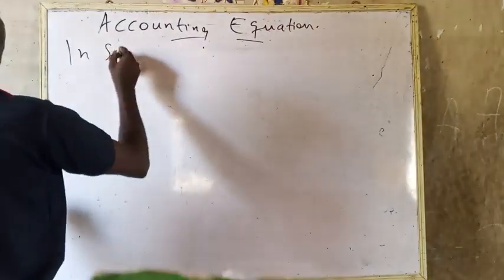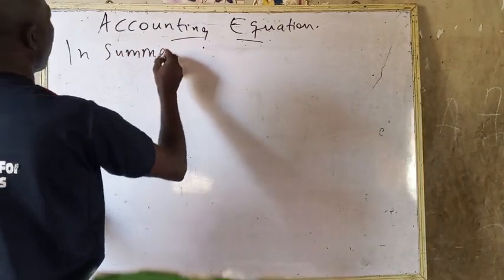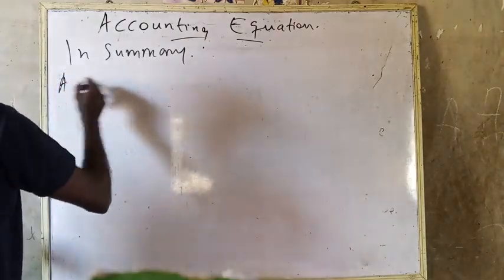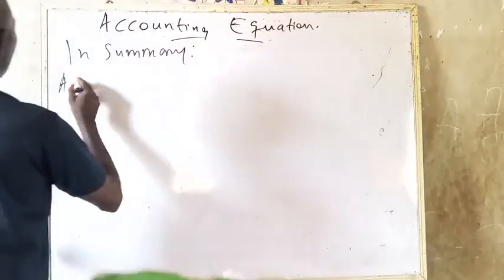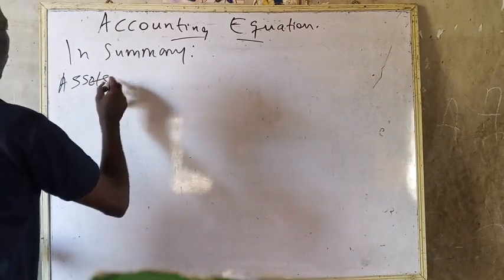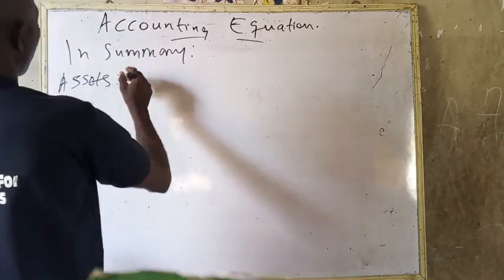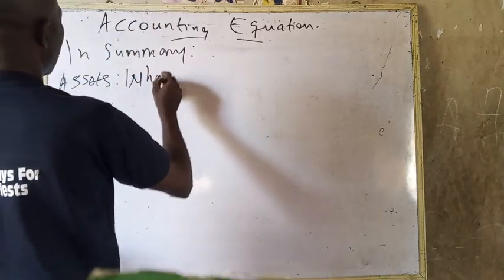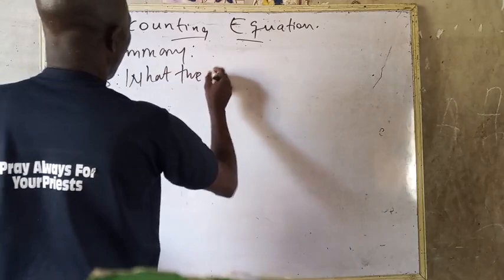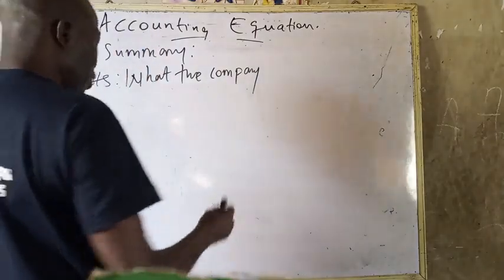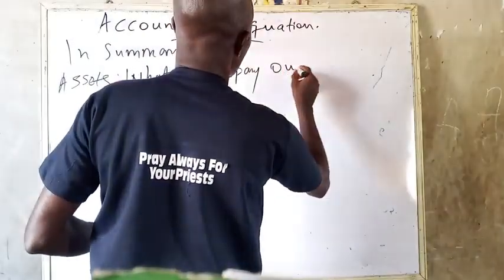In summary, assets. This is what the business, what the company owns.